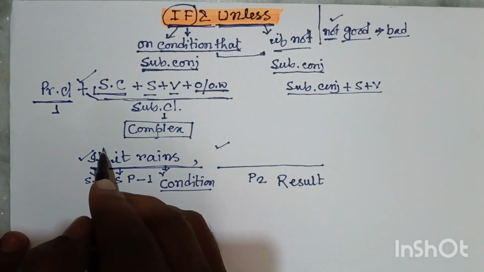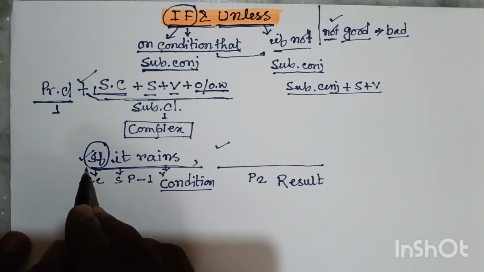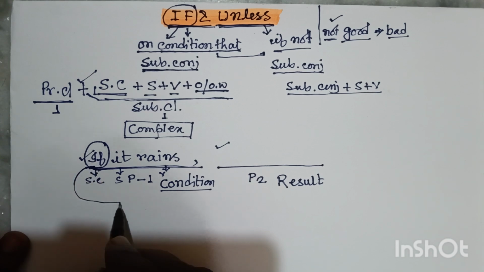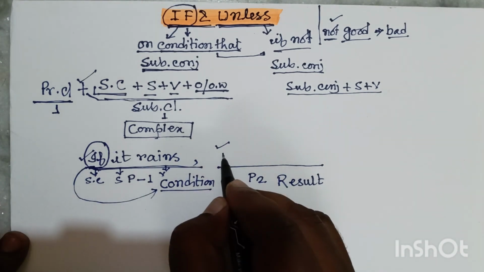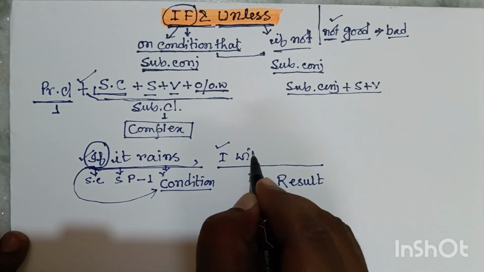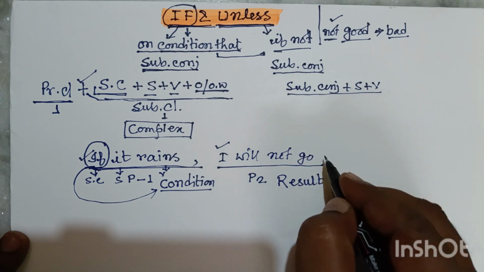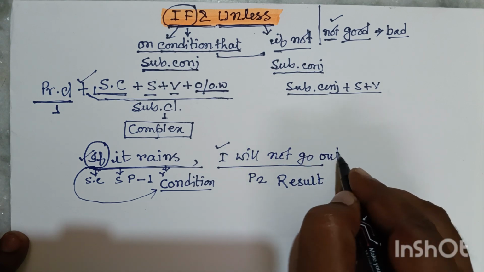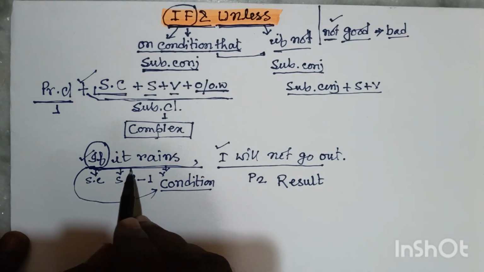My dear friends, as if carries the meaning of condition, unless carries the meaning of condition. So whenever we use them, that particular part will be the condition. This is the condition. If it rains, I will not go out. Friends, I think you can understand.